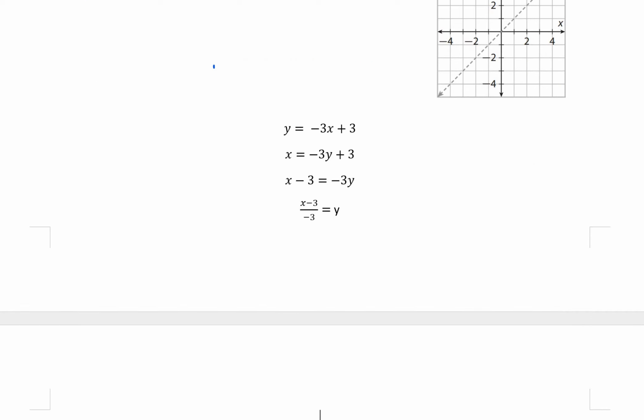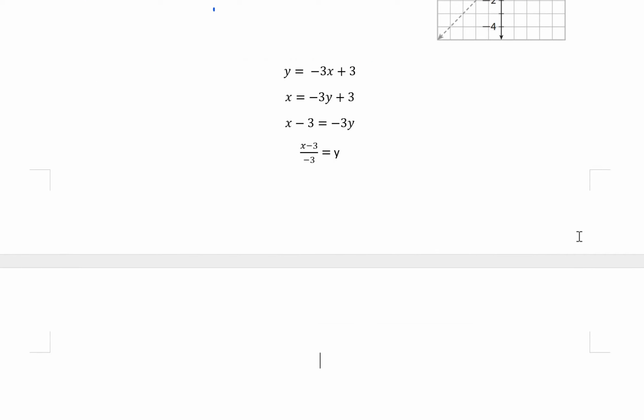That gives me f inverse of x equals negative x over 3, plus 1, because negative 3 divided by negative 3 gives you plus 1.